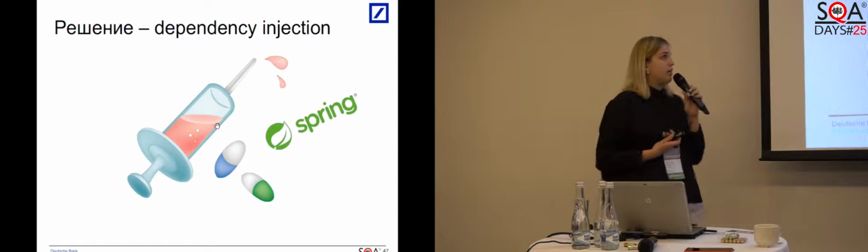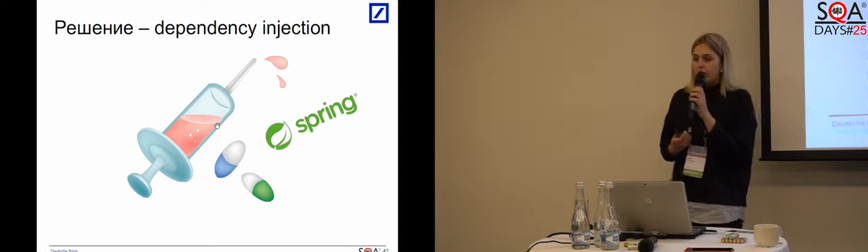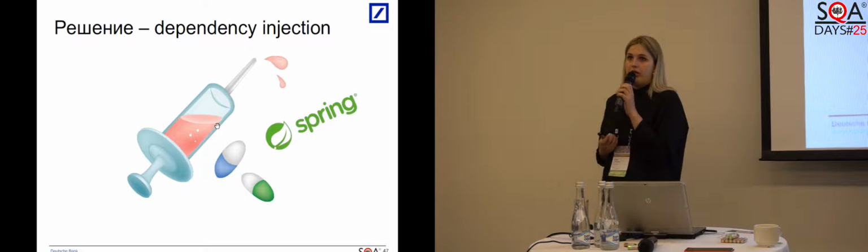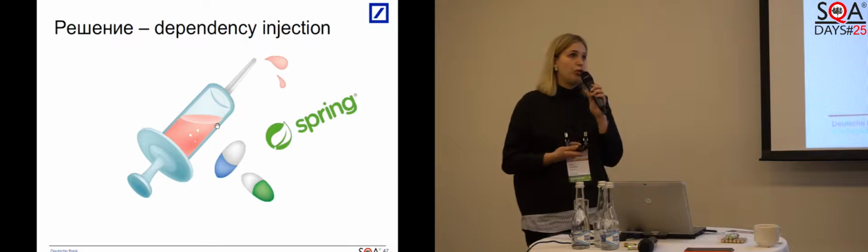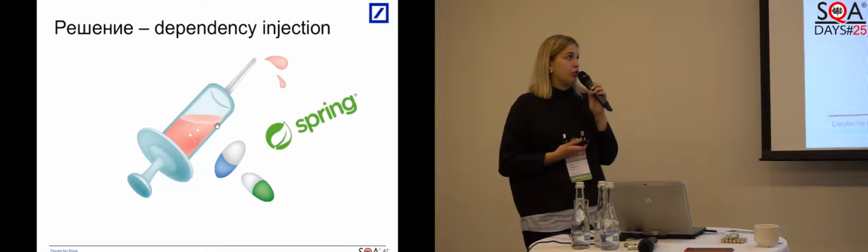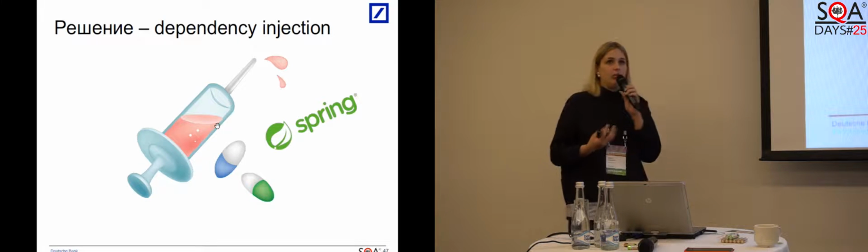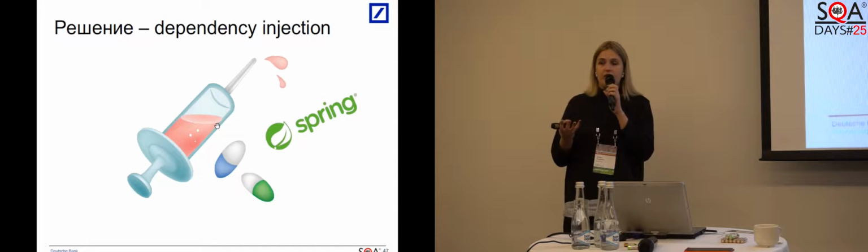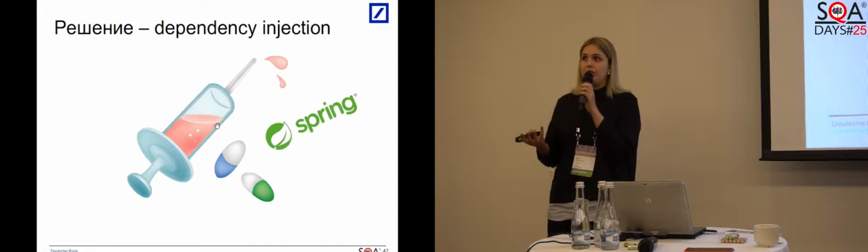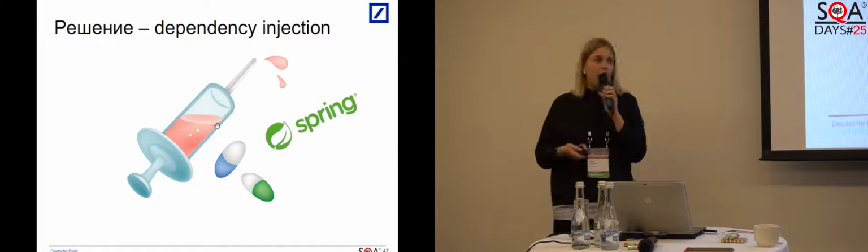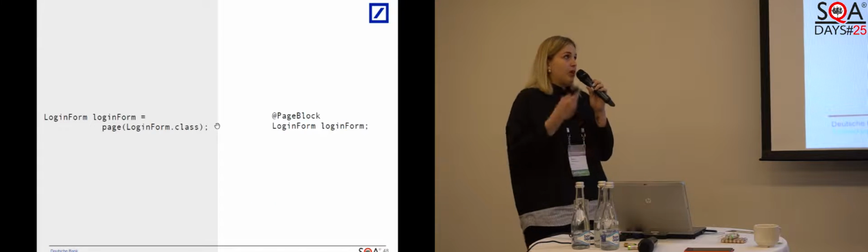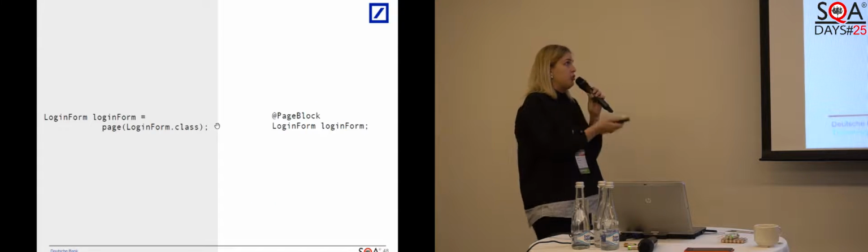In our project, we decided to implement the dependency injection feature. Dependency injection is a very popular feature in Spring, a framework actively used by our team members. While using it, the object gives the dependency to a special outside mechanism.